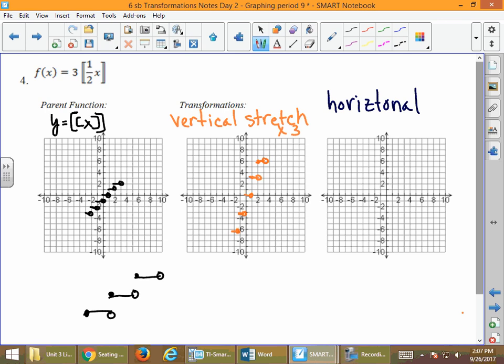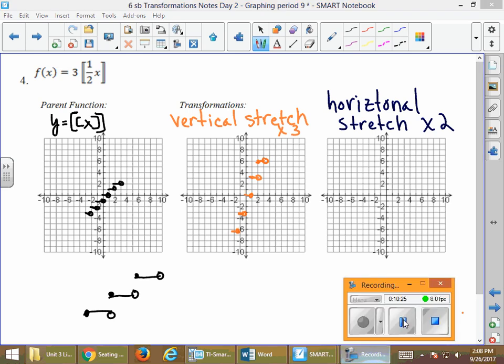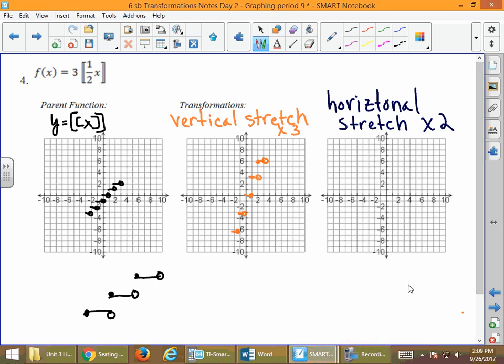And because it's 1/2, we're going to take the reciprocal of 1/2. And the reciprocal of 1/2 is 2. So that means that we're going to have a horizontal stretch by 2. And the horizontal impacts the x value. Again, horizontal stretch by 2.